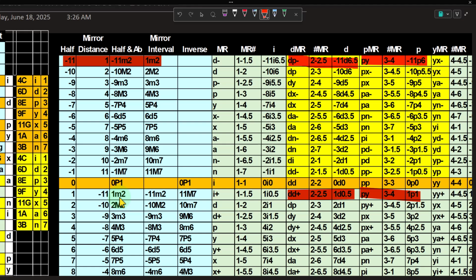Now note, just to clarify this one, this one looks odd because the Dorian is kind of the odd one out, but what really happens is with this major second is that the major second, you will recall, is in the minor mode as well.